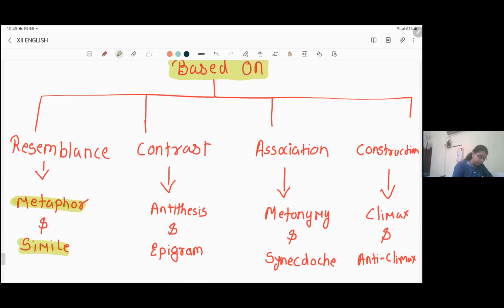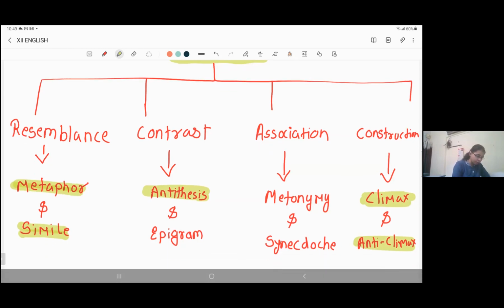Metaphor and simile, antithesis, climax, anticlimax, and there are a few more which I have added in this diagram. Clear? From these figures of speech, resemblance, contrast, association, and construction, you all are going to learn the 5 figures of speech and another 6-7 figures of speech that we learn more.